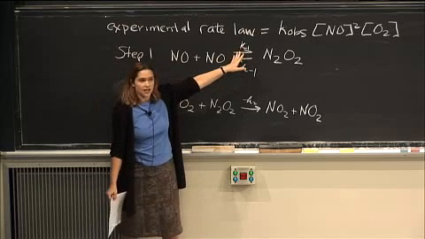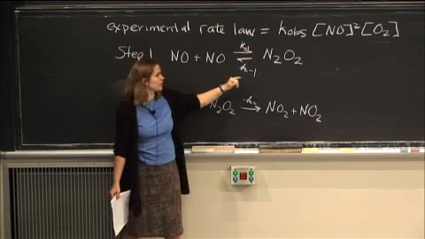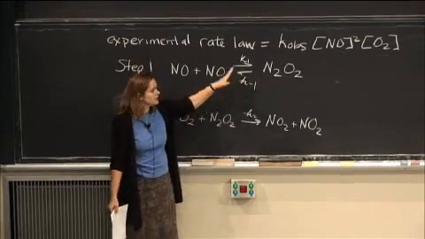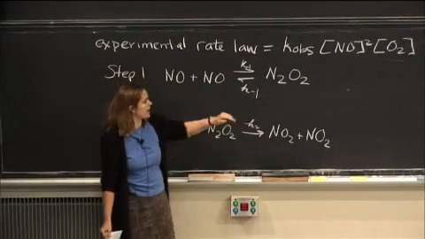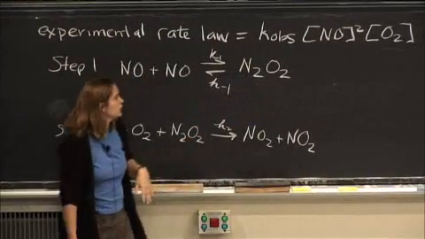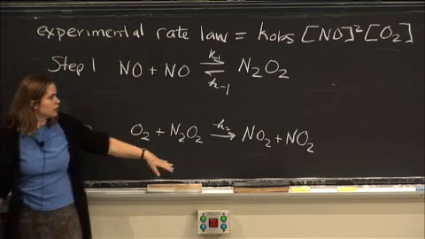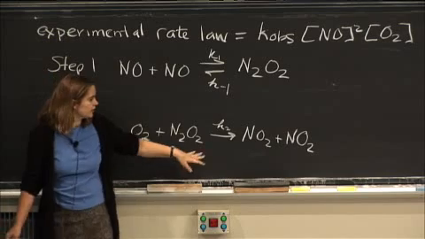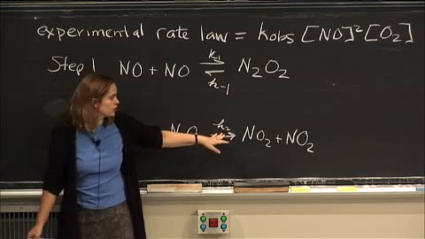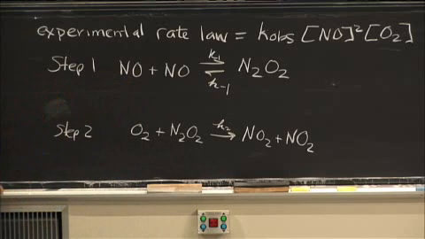There's a little rate constant k1 above the first arrow. And for the reverse direction, we have k minus 1. So this is written as a reversible reaction, and it's forming an intermediate N2O2. In the second step, we have the O2 coming in, reacting with that intermediate with a rate constant k2, and it's forming two molecules of NO2.